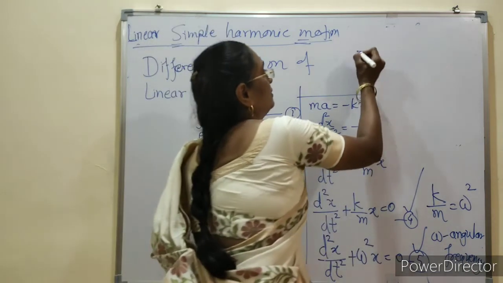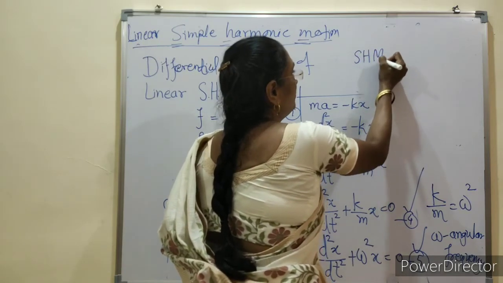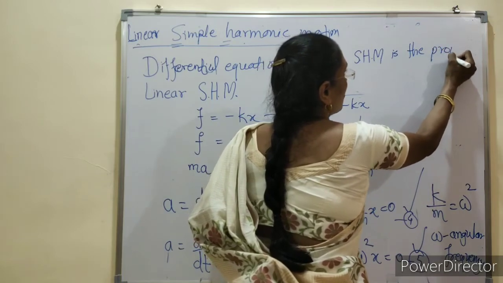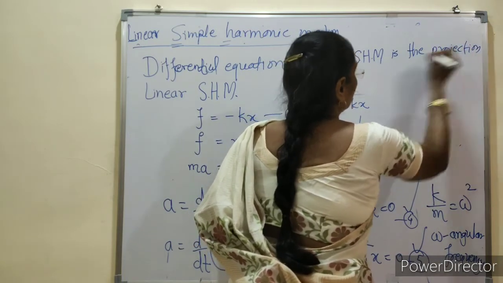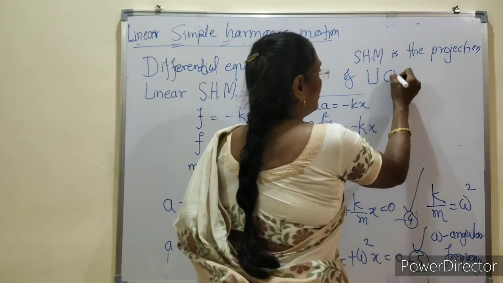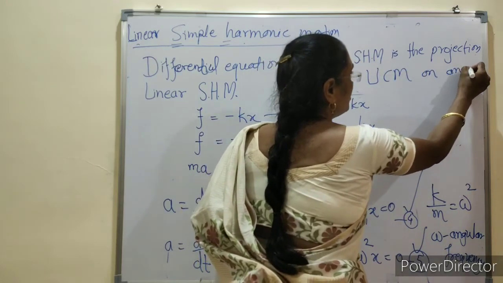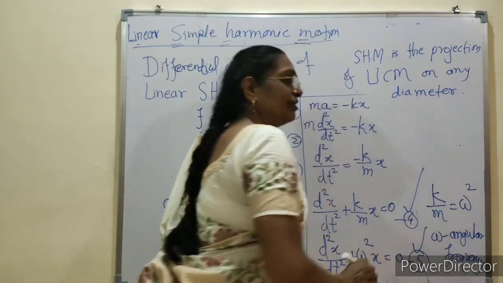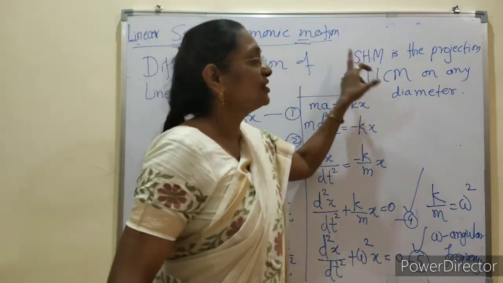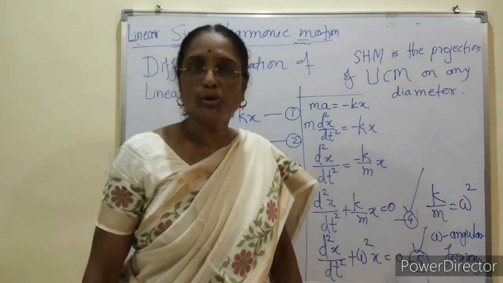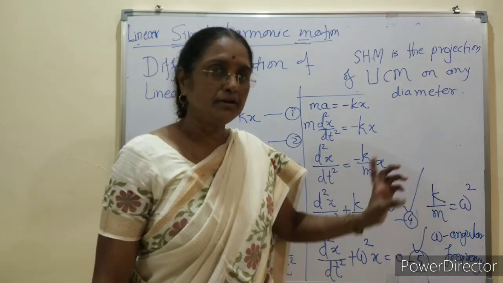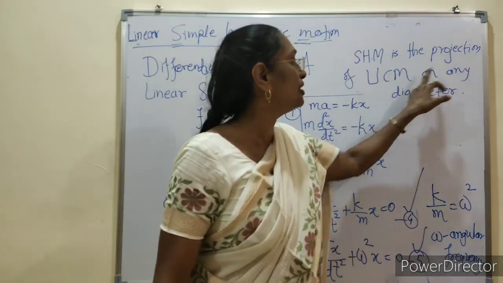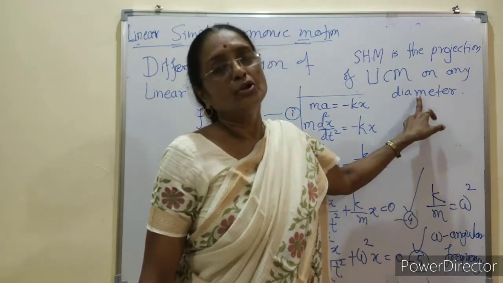That point is like this: S.H.M is the projection of UCM on any diameter. Here S.H.M and UCM are related to each other. Mathematically, we have to show S.H.M is the projection of UCM on any diameter.